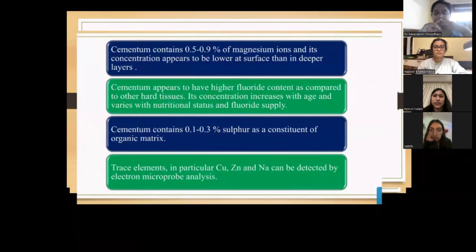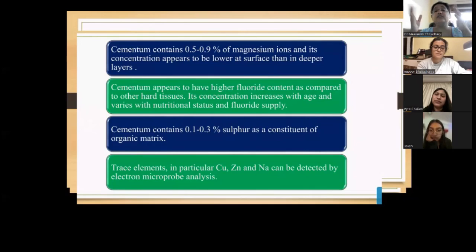So now I have highlighted the composition. Cementum contains 0.5 to 0.9% of magnesium ions, especially in the deeper layers. It appears to have the highest fluoride content among all hard tissues, even including the bone. Its concentration keeps increasing with age changes.